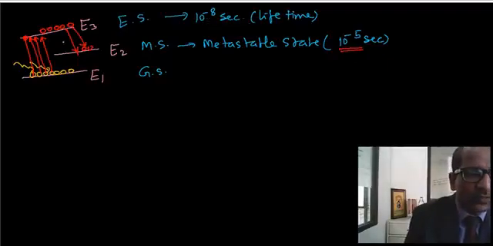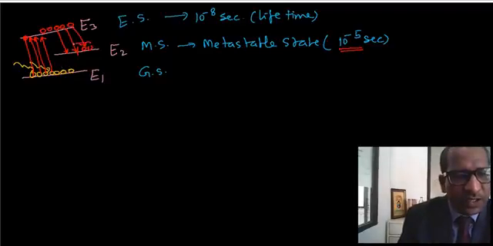So during this process, the other atoms get excited and go into the excited state, and at the same time these excited atoms are coming into the metastable state, and here they are basically accumulating. Why?